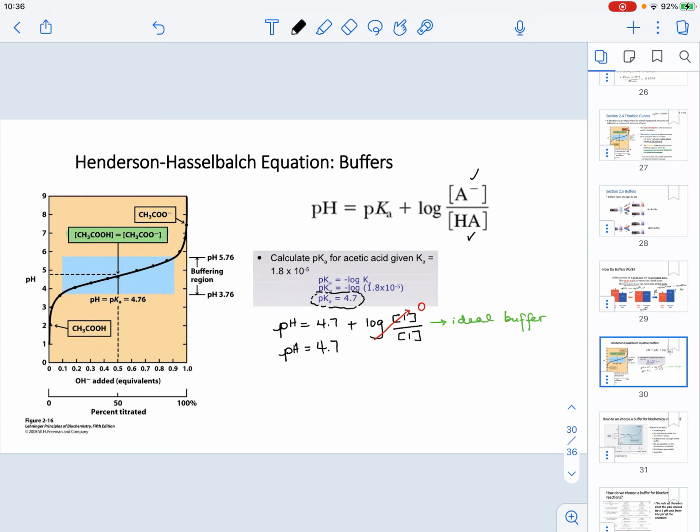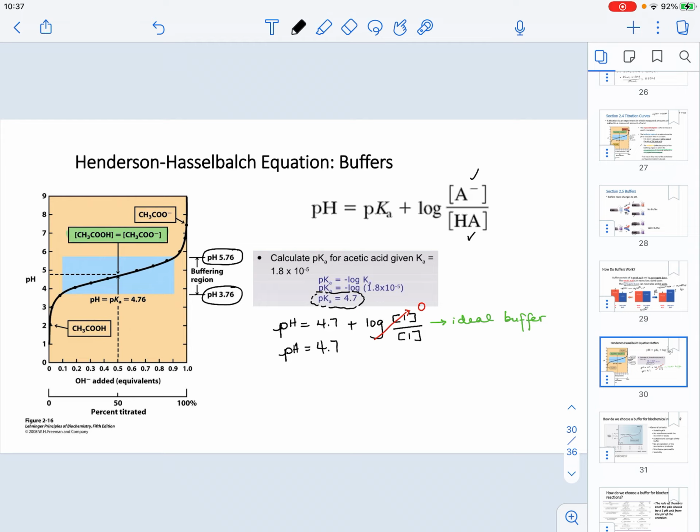Now, understand that the buffering region, which is going to be 1 pH unit up and 1 pH unit down, comes from the idea that these are regions in which we have different concentrations of the weak acid and the conjugate base.